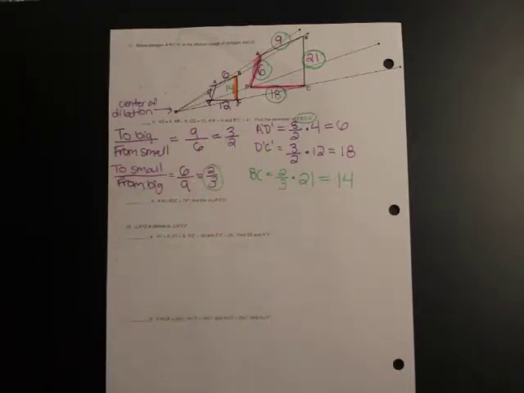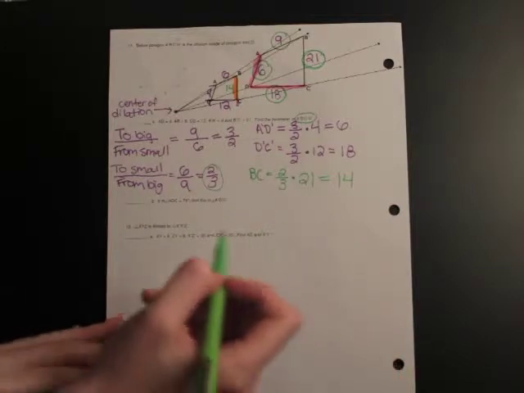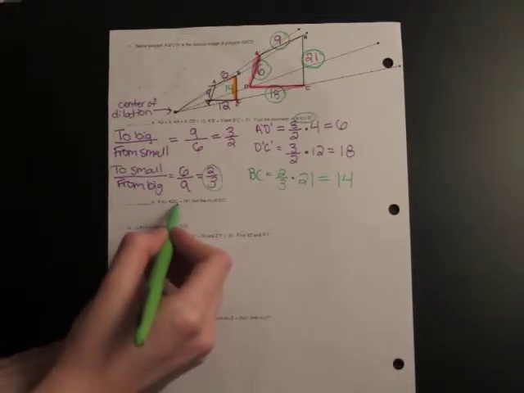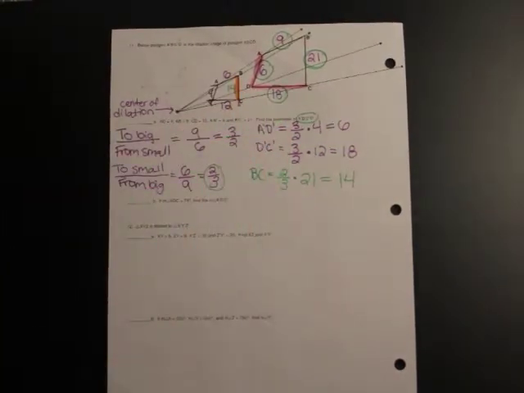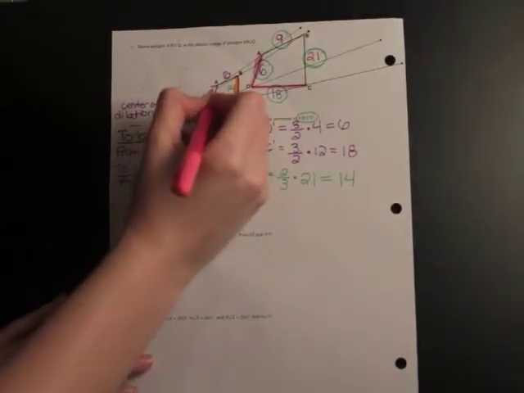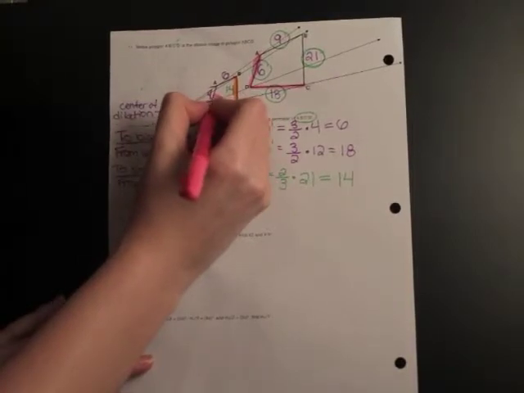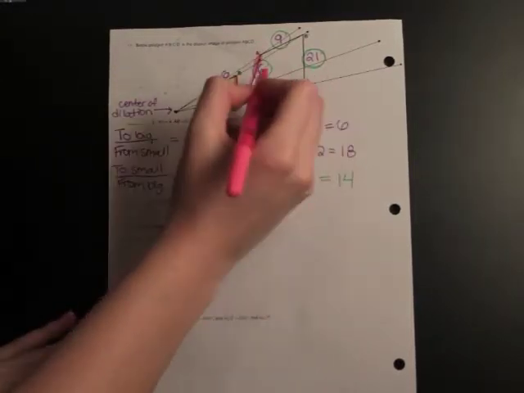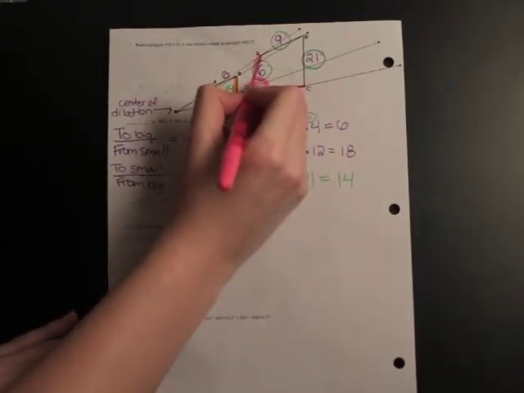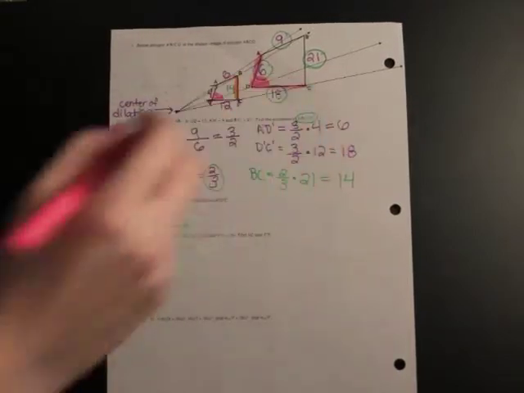Let me ask you a question though right now. If the measure of ADC, so that's in our original shape, measure of ADC is right here, this angle, and it says that it's 74 degrees. So it wants us to find the measure of A prime, D prime, C prime, which is right here.